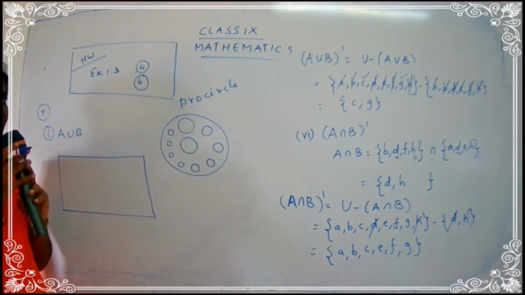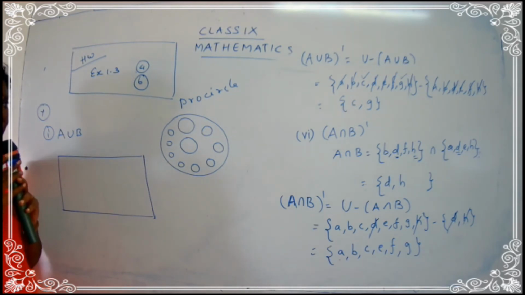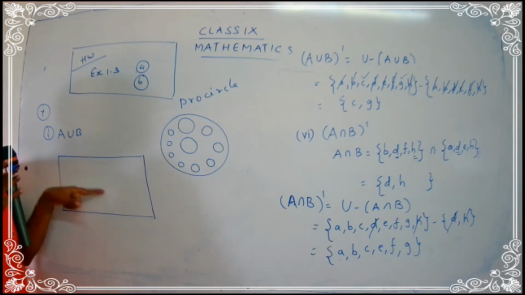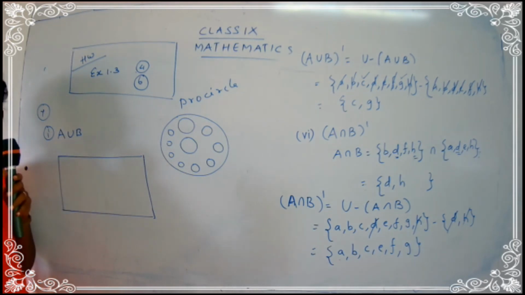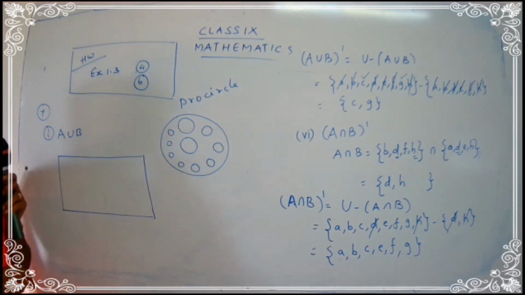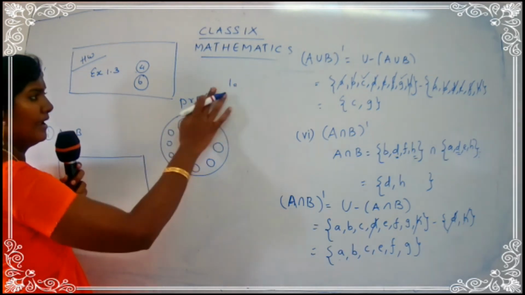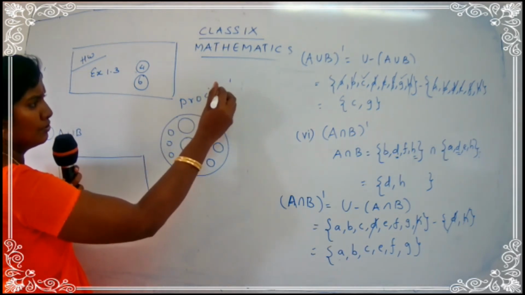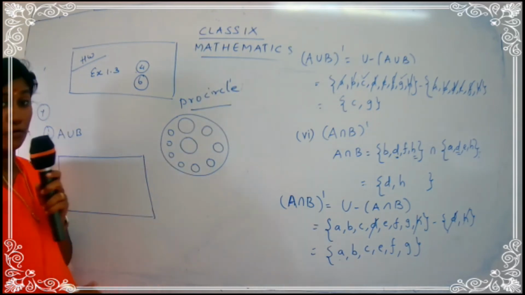If you have a pro circle with you, drawing the Venn diagram will be easy. No need to find a compass, or any bottle caps. This will be very easy for drawing the Venn diagram. So I would like you to get a pro circle, and you just ask the shopkeeper for a pro circle. Okay children?